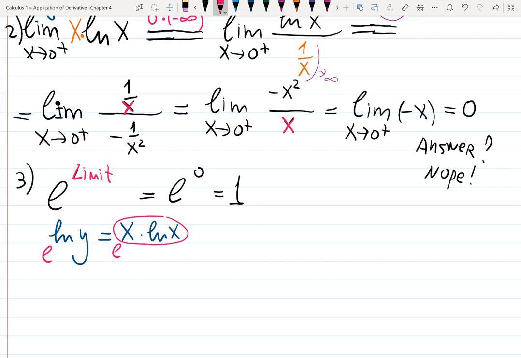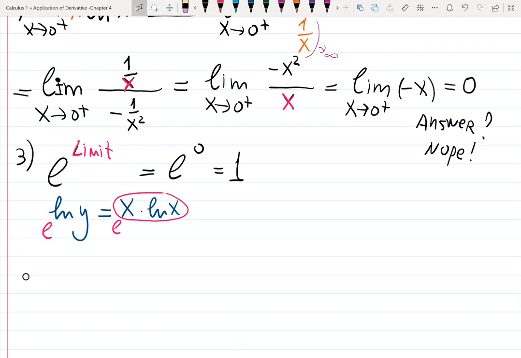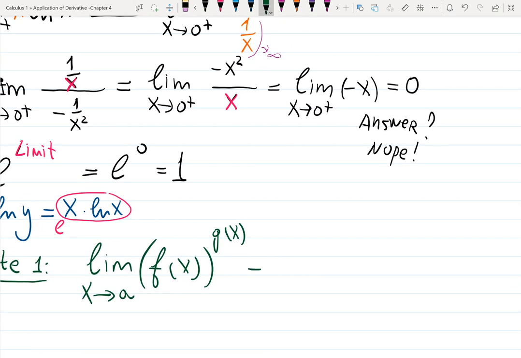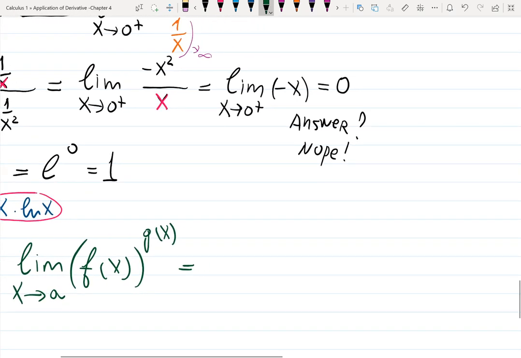That's the idea. Also, I want to point out, note 1: in all of those cases, we're using a property of limits. The limit of f of x raised to the g of x when x approaches a, might be infinity as well, equals, we're kind of putting the limit inside.